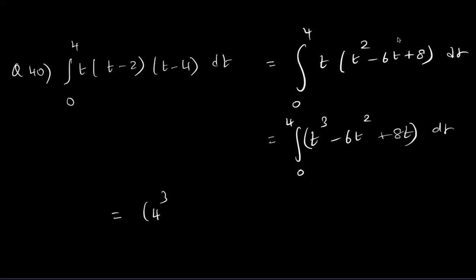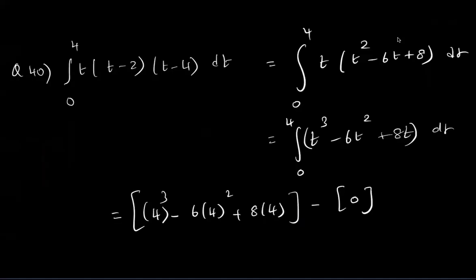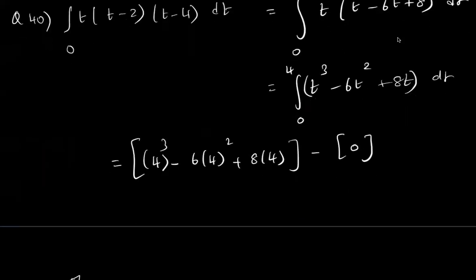I have 4 cubed minus 6 times 4 squared plus 8 times 4 as my upper limit, minus 0 as my lower. 4 cubed, 4, 16, 64. So I have 64 minus 16 times 6, that is 96, plus 8 times 4 is 32. So that is a 0.